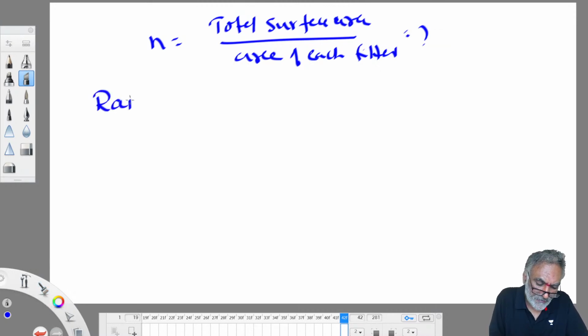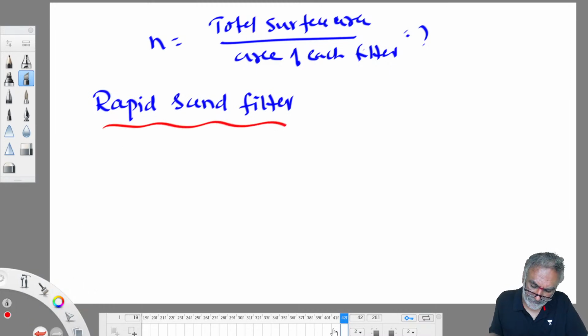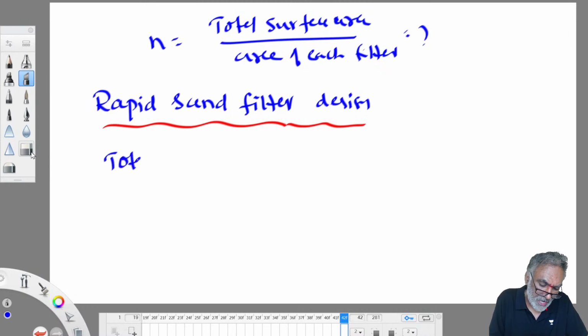In case of a rapid sand filter, many things are expected to be found out in addition to this. As usual, rapid sand filters are also designed for rate of filtration.